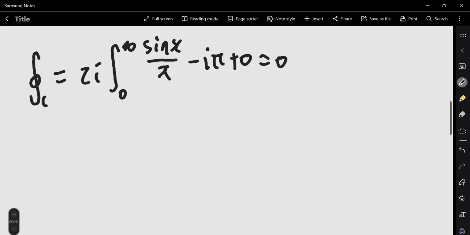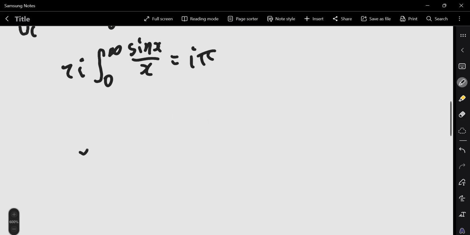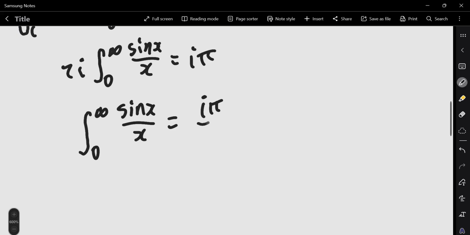This is a fun bit. It nicely collapses now. We can say 2i times the integral between 0 and infinity of sine x over x equals i pi. Divide through, and the integral between 0 and infinity of sine x over x equals i pi over 2i, which is just i cancels, pi over 2.